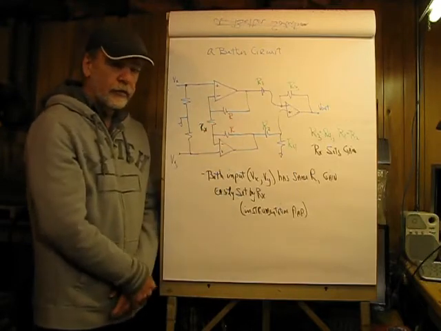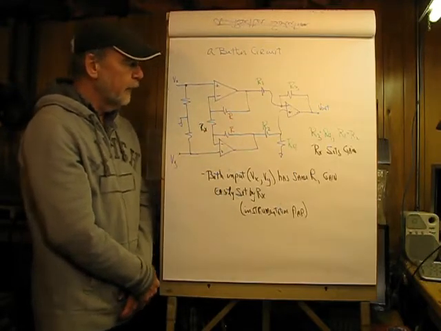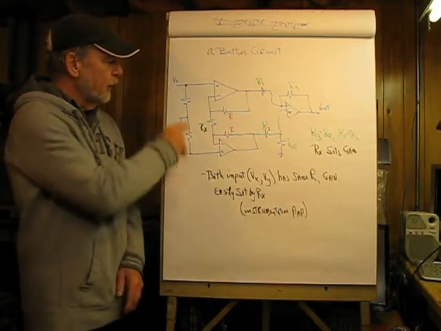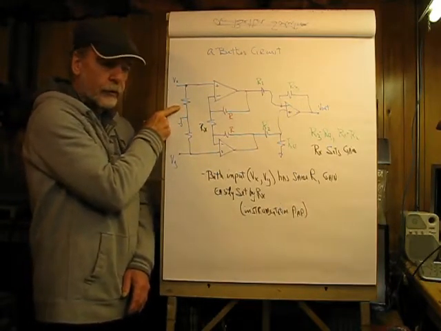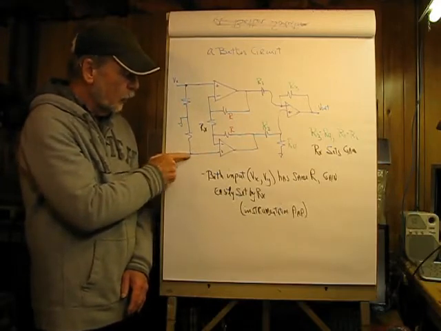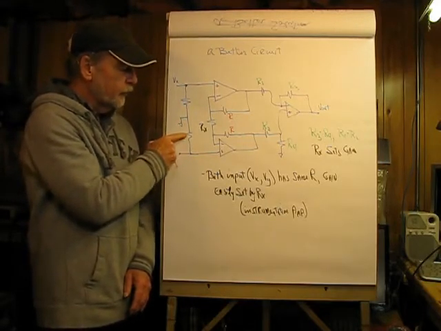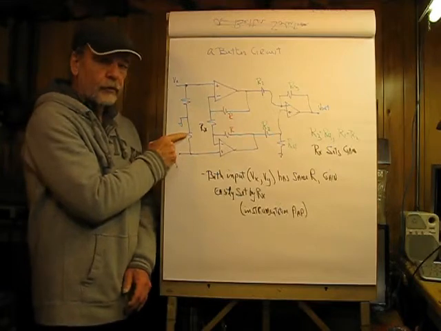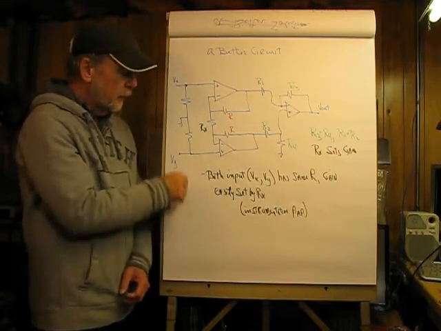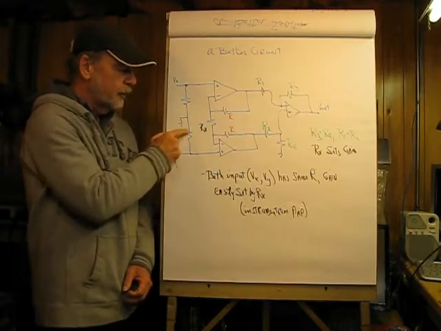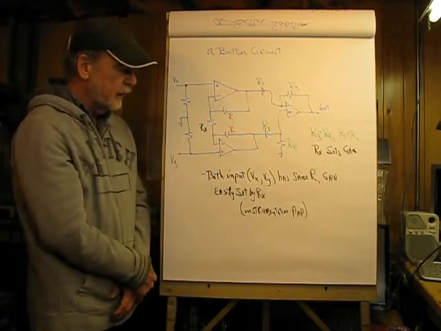Everything else is inside and trimmed carefully. So what we see here is the input resistance of the X input would simply be this resistor, and the input resistance of the Y would be this resistor. And I'm showing these for bias current return to ground. Obviously, it's important that these be as matched as best they can be.